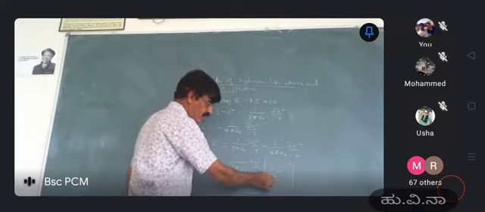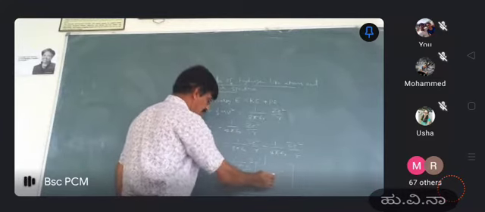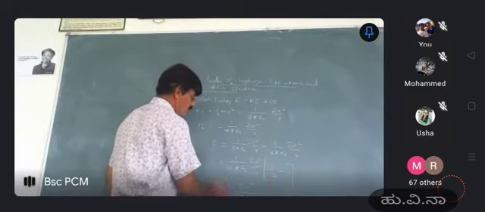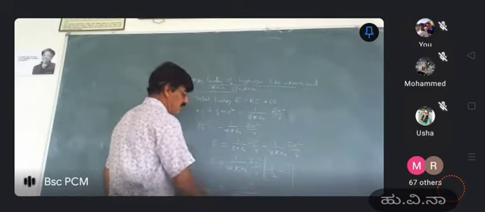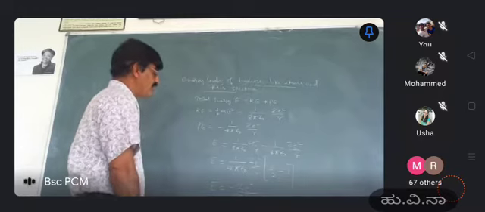You know that, half minus 1 is minus half, and 2 into 4 is 8.